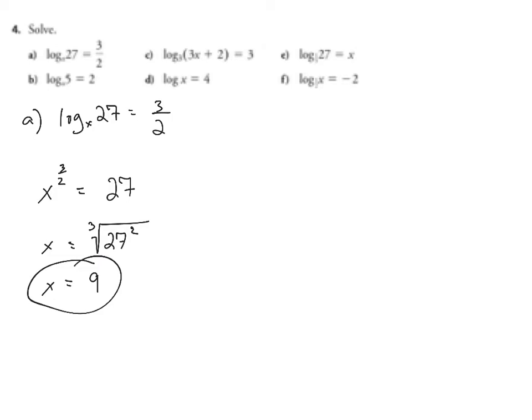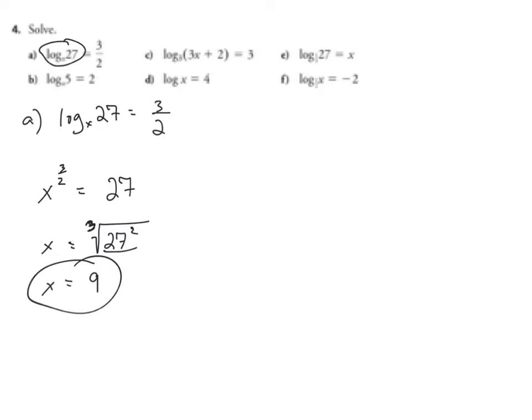And we don't have that problem with plus or minus because we're taking the third root. If you take an odd number root, then you don't have to worry about plus or minus. It'll be positive for a positive number and negative for a negative number. Okay, so x is 9 is correct. And if you check, the log of 27 base 9 is equal to 1.5.